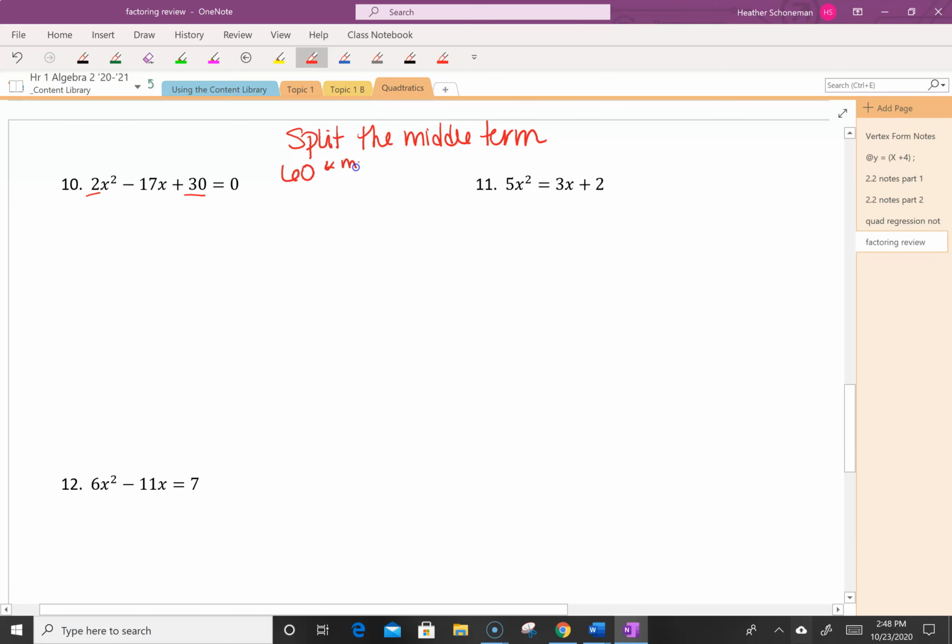Now I need two numbers that multiply to 60 and add to negative 17. Well, 6 and 10 would add to 16. That doesn't work. But 12 and 5 do. I could do negative 12 and negative 5. And that would give me positive 60, and that would also give me negative 17.